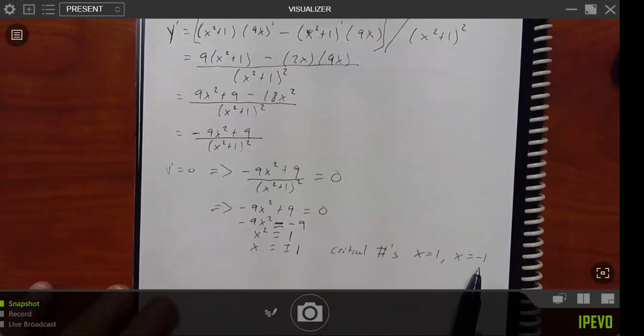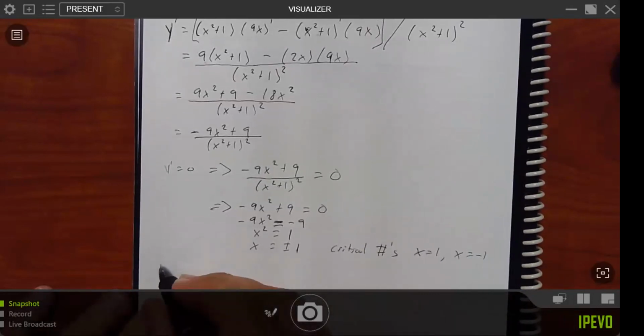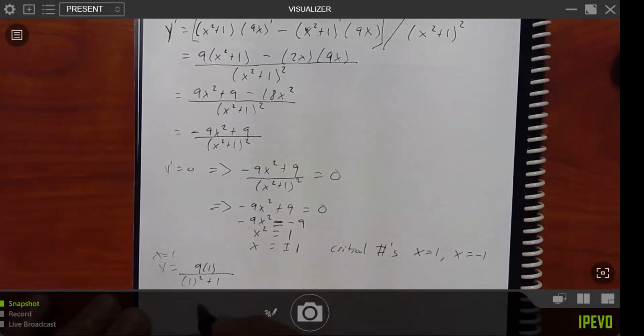Now plug these into the original to find the location. So y is equal to, so for x equals 1, okay, so there's my two answers.